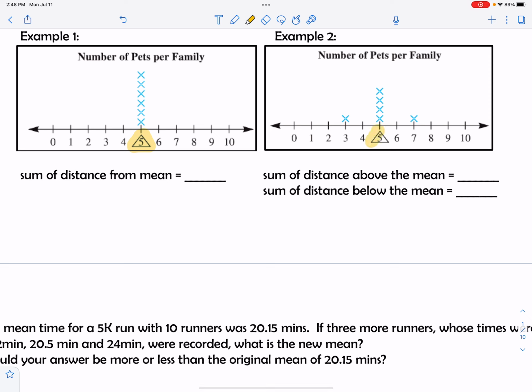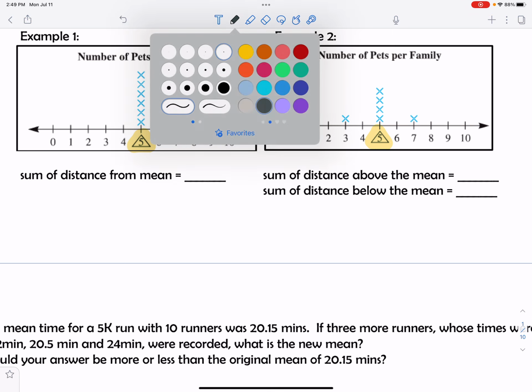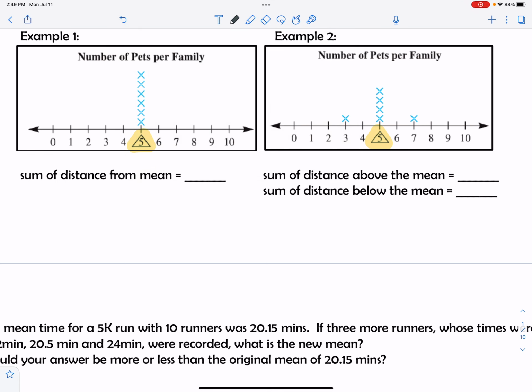If I were to make that a scale, they would sit flat because they'd be the same on the left and right. However, this graph on the left has a distance from the mean of 0 because all the points are stacked right on top of 5. They don't have a distance from the mean.